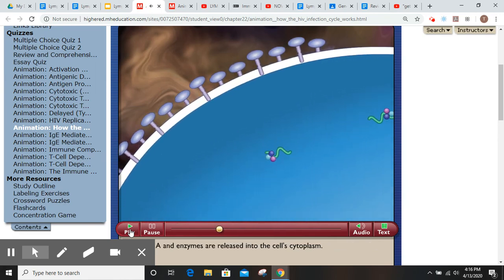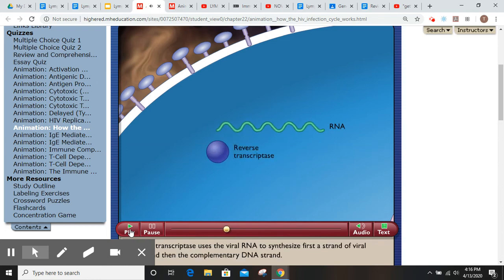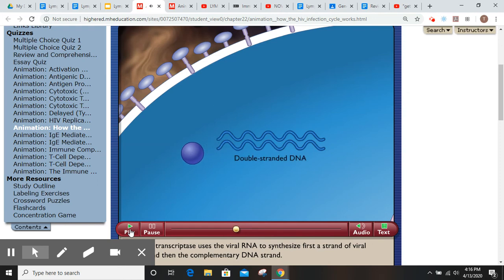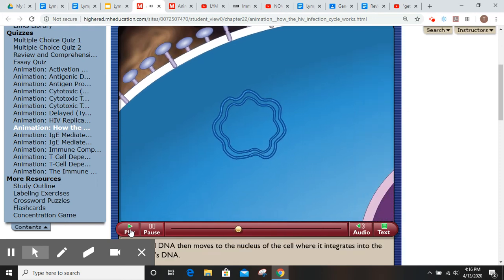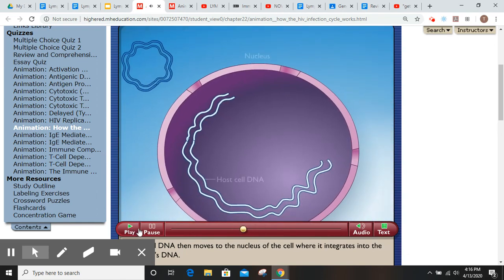Viral RNA and enzymes are released into the cell's cytoplasm. Reverse transcriptase uses the viral RNA to synthesize first a strand of viral DNA and then the complementary DNA strand. The viral DNA then moves to the nucleus of the cell, where it integrates into the host cell's DNA. So a lot of viruses, especially like our coronavirus, it's not a retrovirus. It doesn't turn itself back into DNA.